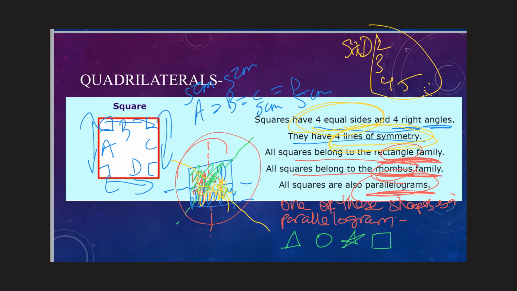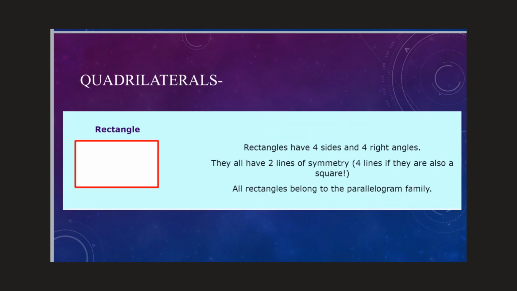Which of these is a parallelogram? Is this a parallelogram? No, it is a triangle. Is this a parallelogram? No, guys, this is a circle. Is this a parallelogram? No, that's a Christmas tree or something like that. No, this square or rectangle, this is a parallelogram. Also rhombus, they're going to say, one of these shapes is a rhombus. But just remember the parallelogram one, that's the one that always comes up in the exam.